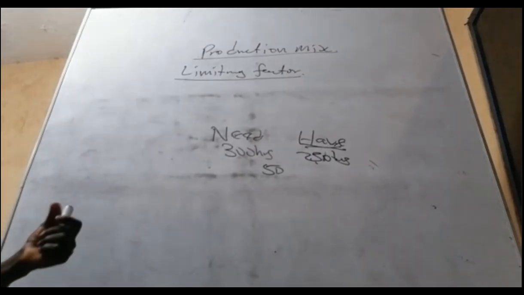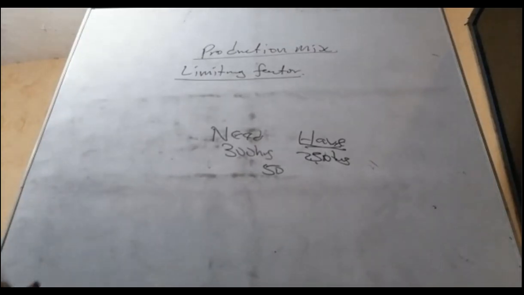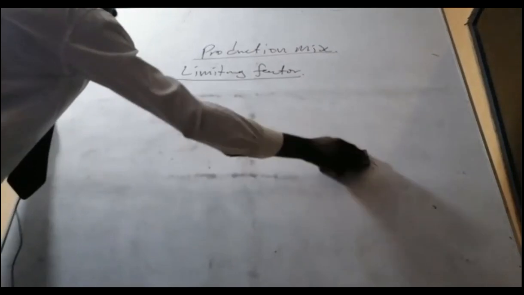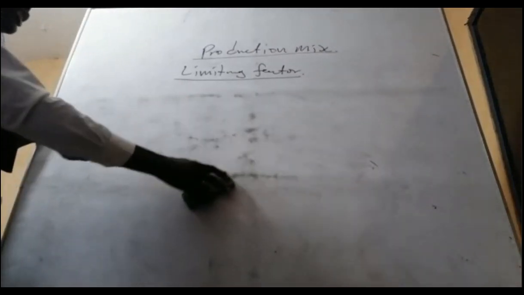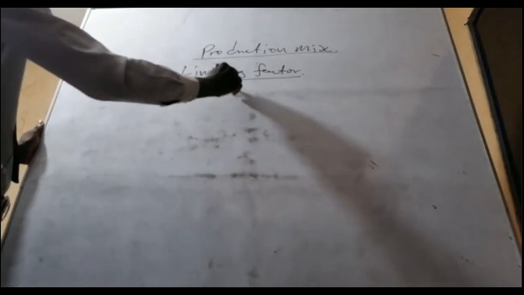Now, let's see how we are going to do it. You can arrange it product by product. So let's name the products here. There are three products: alpha, beta, and gamma.